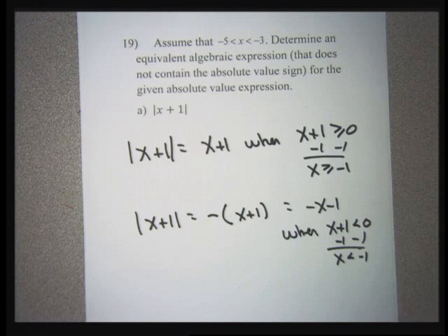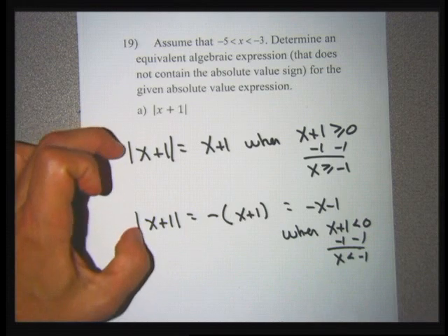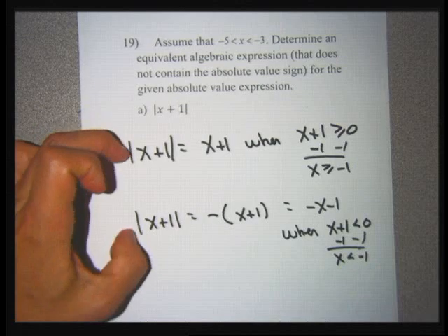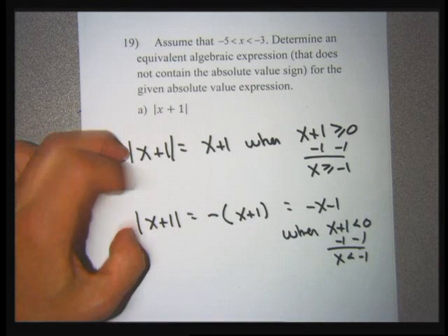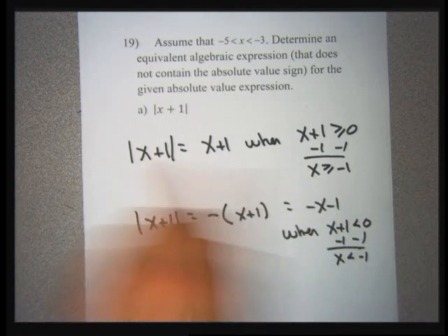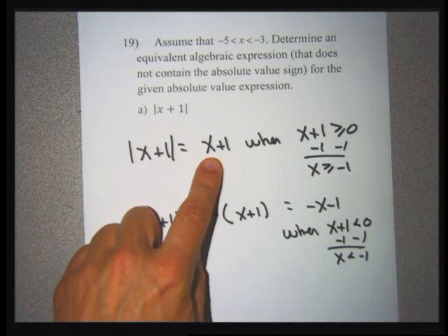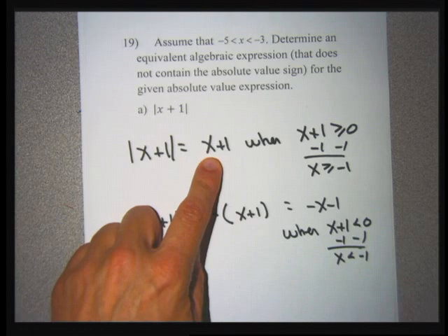So for this absolute value, it depends. How I reduce the absolute value depends on what the values of x are in the problem. If x is bigger than or equal to negative 1, then I can just drop the absolute value sign and be done with my absolute value.